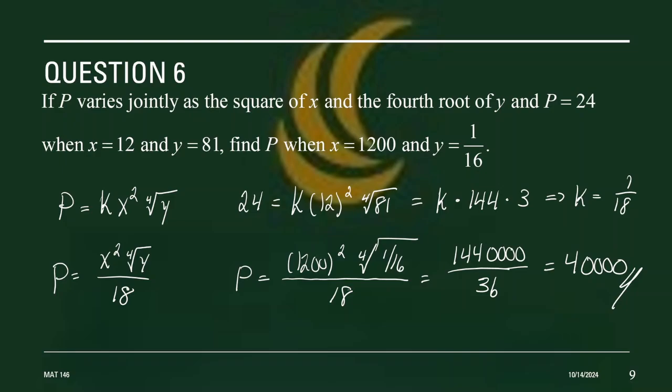How did you get k equals 1/18? I divided by 144 times 3 on both sides. So 24 over 144 times 3. Easiest way to do that is 144 is 12 squared, right? What's 24 over 12? 2.